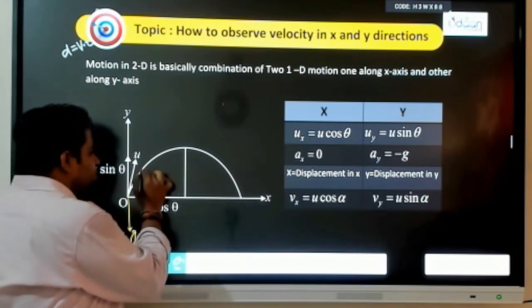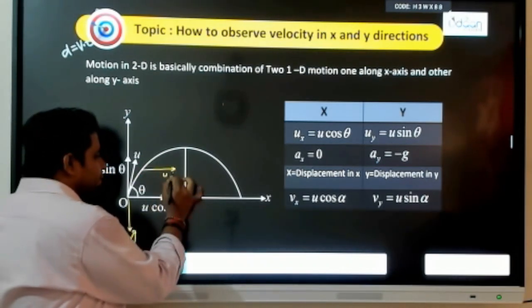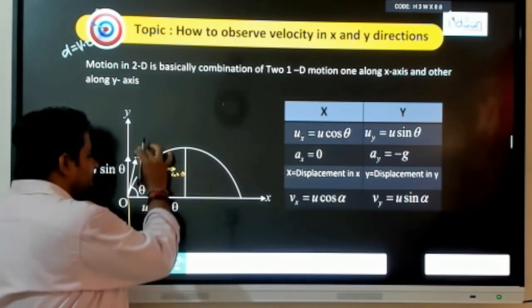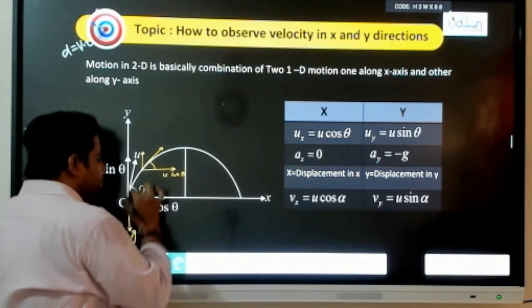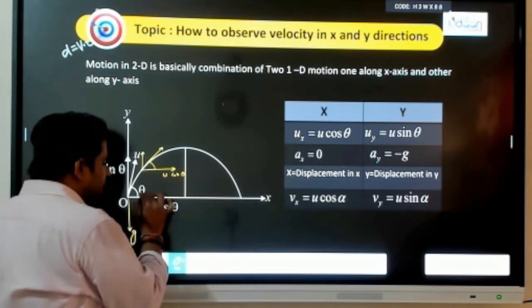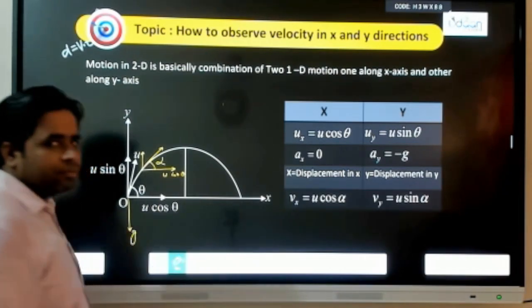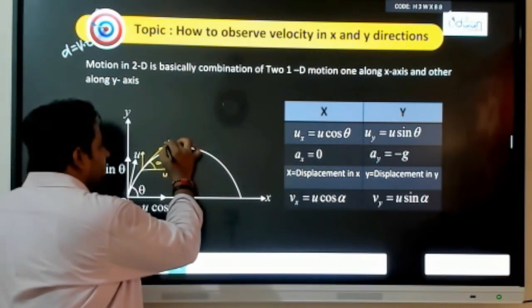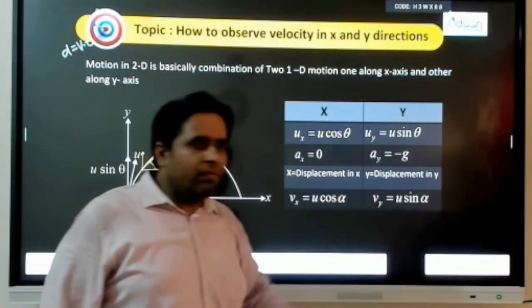So what will happen? u cos theta will be similar to what we have seen here, but definitely u sin theta will be decreasing. That way the net velocity will make an angle with u cos theta that will definitely not be theta, it will be alpha. So if I mention it with the v value, it can be written as v cos alpha and v sin alpha.